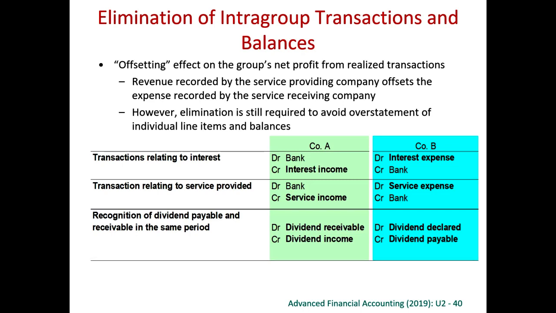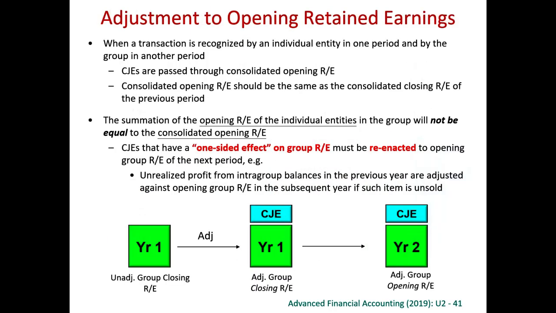So strictly speaking, we think that only those consolidation journal entries that have a one-side effect on the group retained earnings need to be reenacted. We only need to repeat those consolidation journal entries that have a one-side effect on the retained earnings.